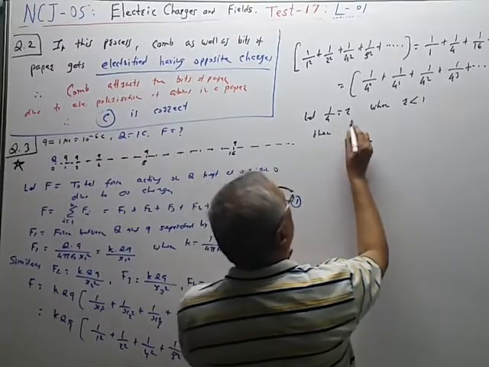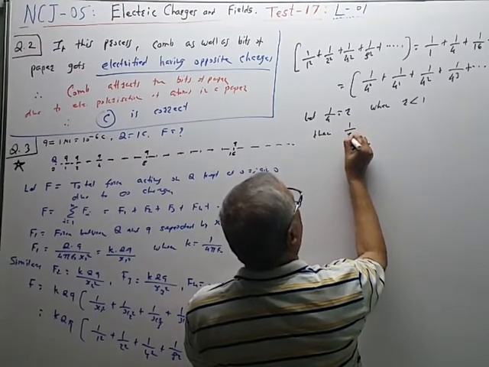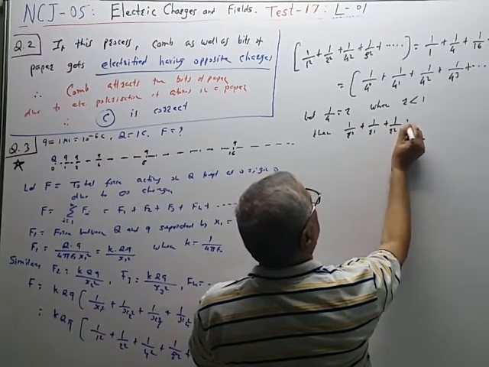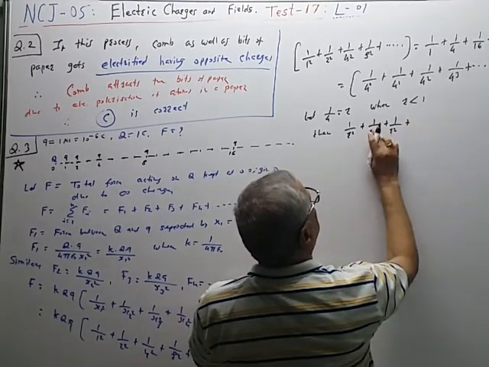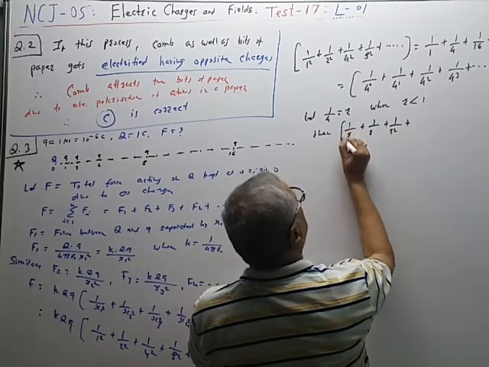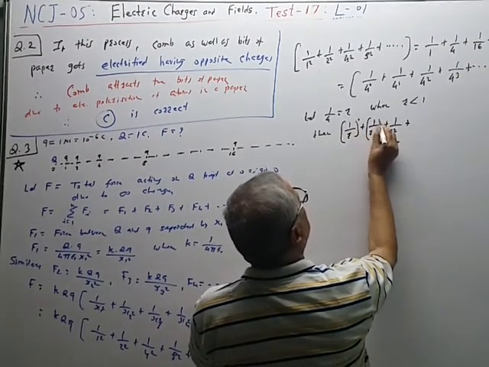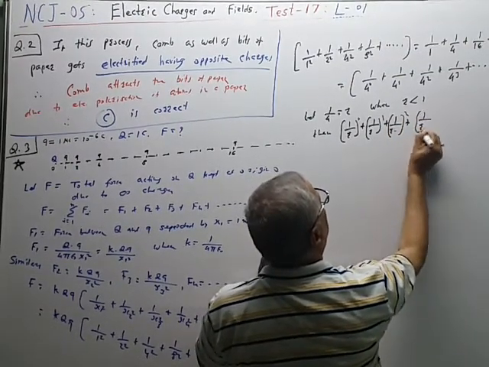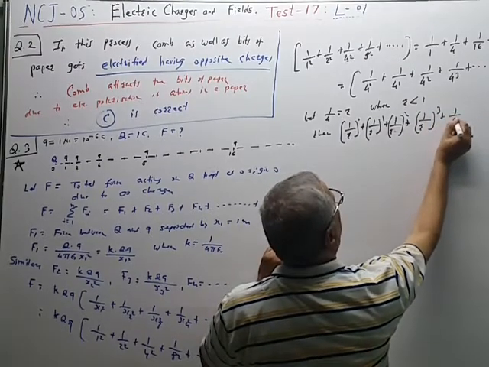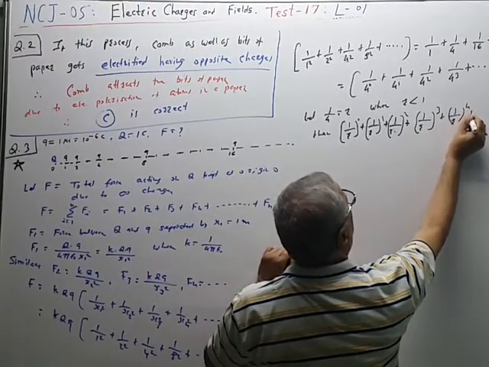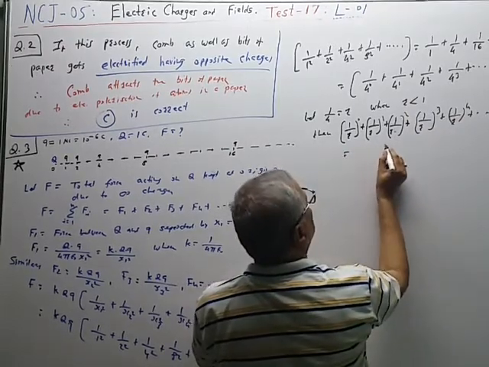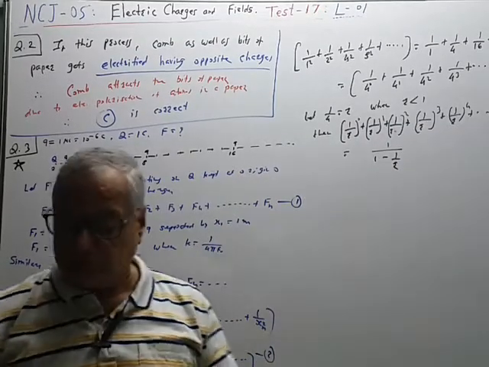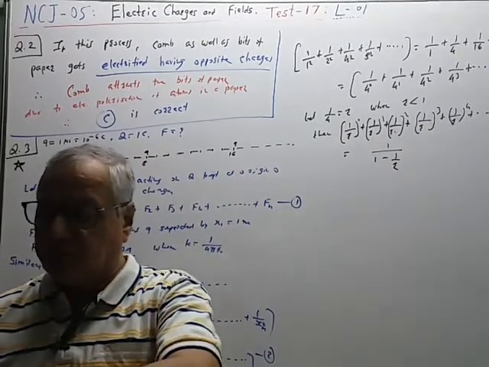When r is less than 1, then r raised to 0 plus r raised to 1 plus r square and so on, you can write like this, is equal to 1 upon 1 minus r. This is the formula.